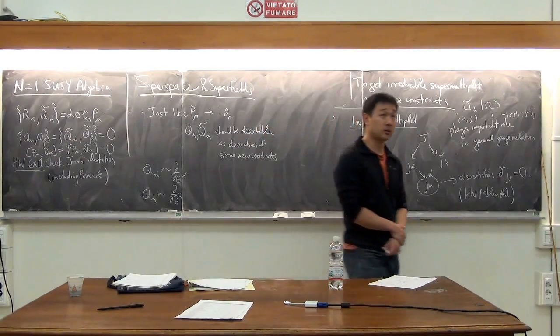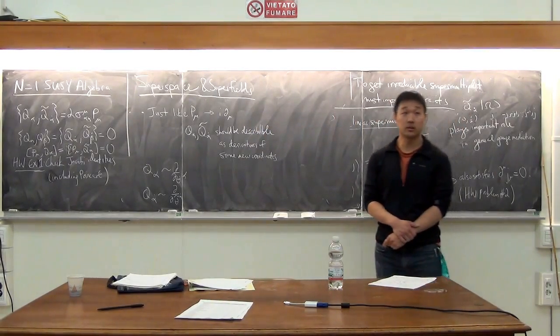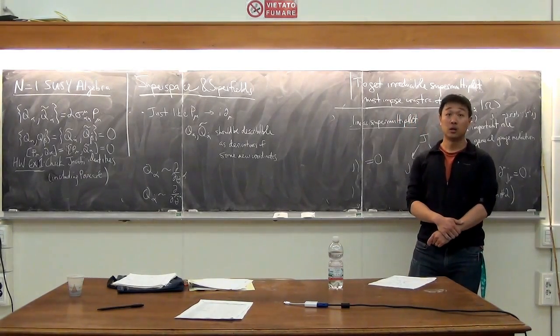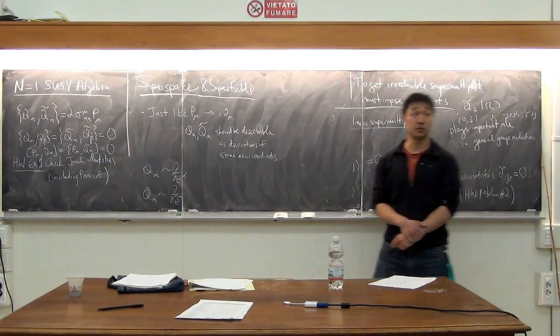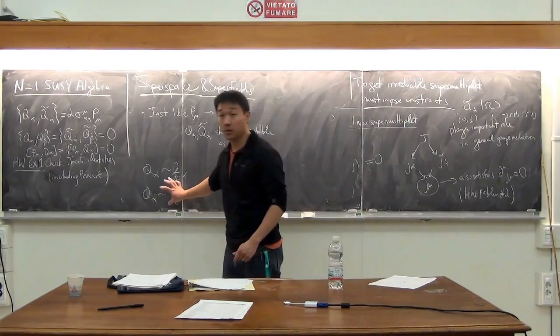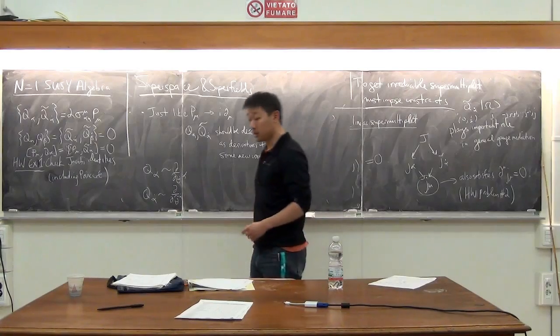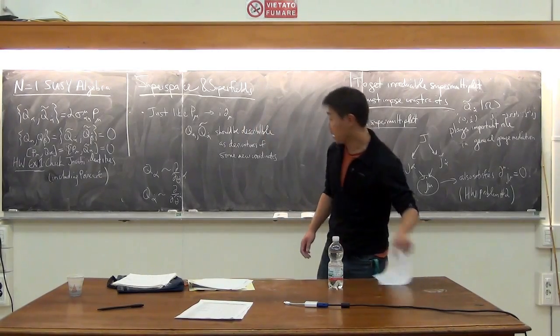They're not regular numbers. They are Grassmann numbers. These are not c-numbers, but anti-commuting numbers.